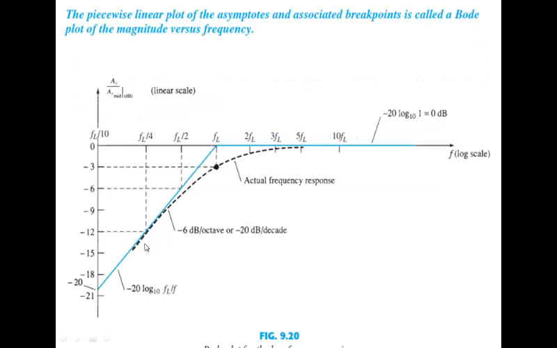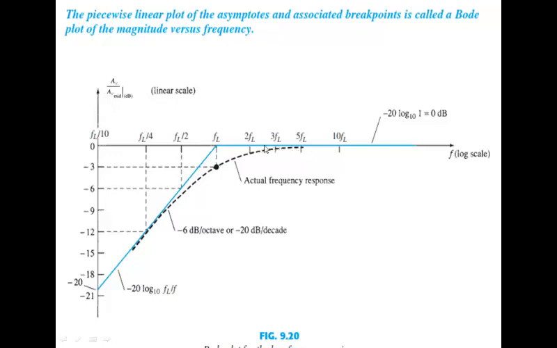So next, you can plot the actual response using the approximate response. In this step, you plot the actual response by following the approximate response. If you are far from the cutoff frequency, the actual response would follow the approximate response. At each side, where you are far from the cutoff frequency, the actual response and the approximate response are equal.